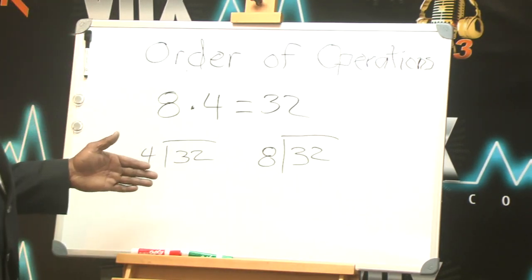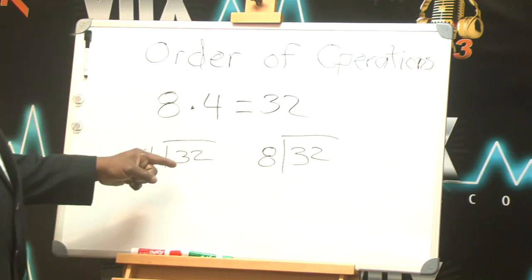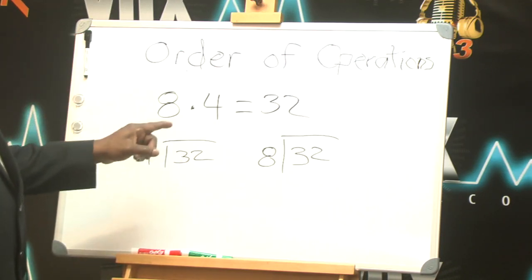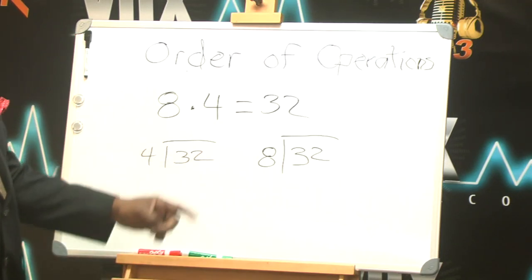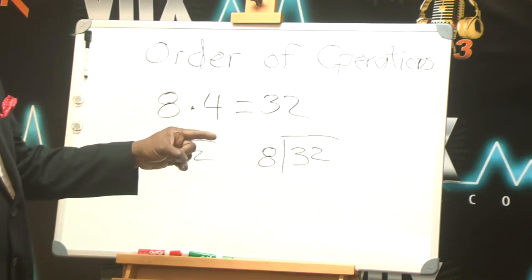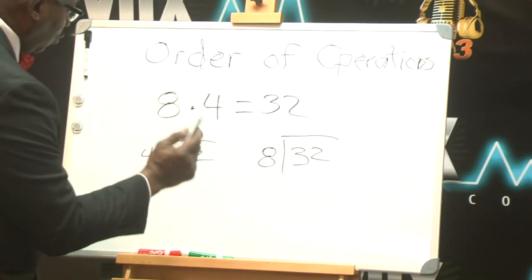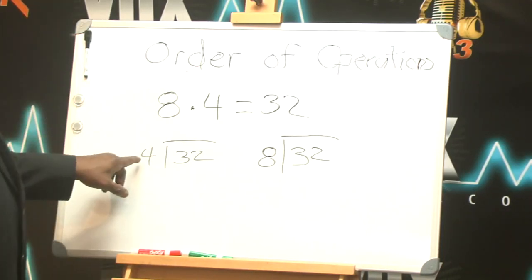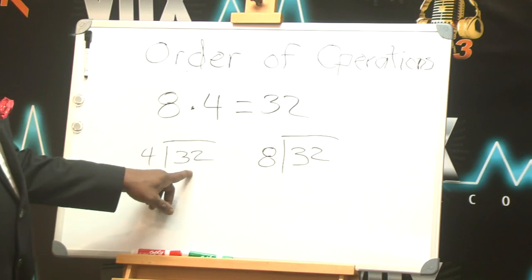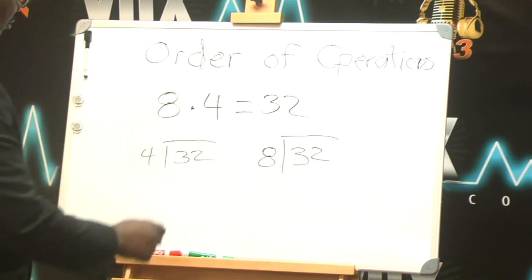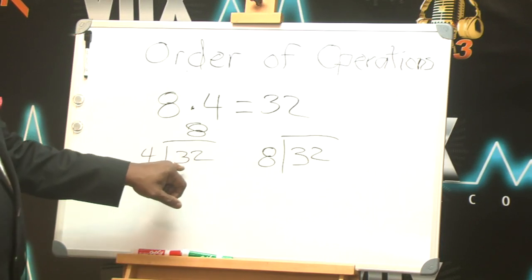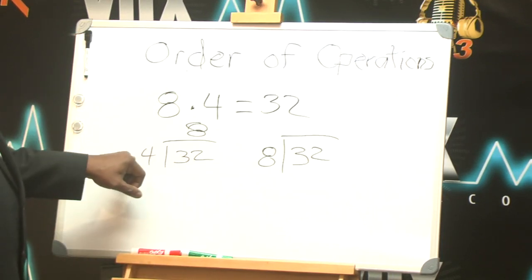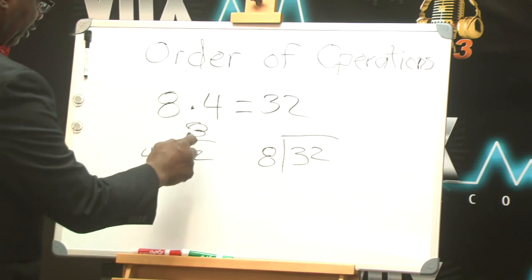Now here we go. Basic fact. What number? It says here 32, and how many 4s can you get out of 32? What do you know? If you know your basic multiplication facts, what number multiplied by 4 will give you 32? It's right there, 8. And that's the answer to 32 divided by 4 is 8.